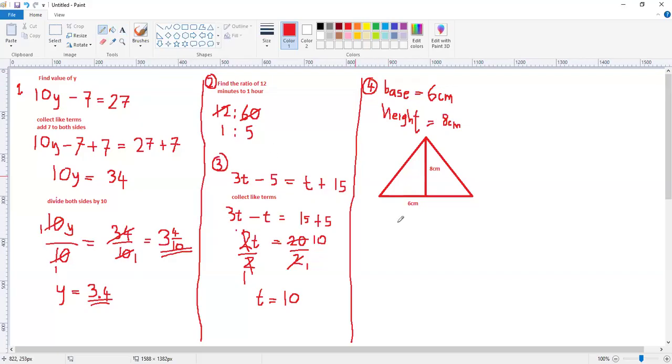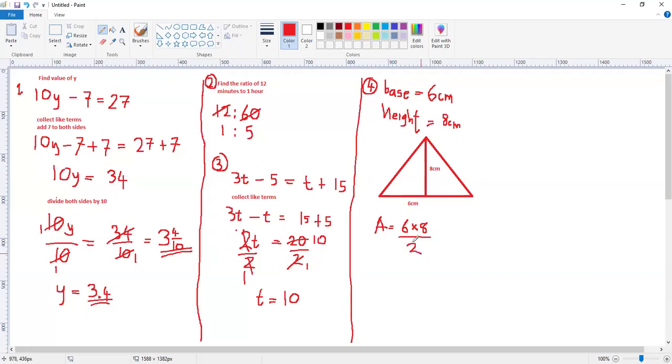Excellent, so that means you remember. So the area A of the triangle is equal to 6 times 8 over 2.